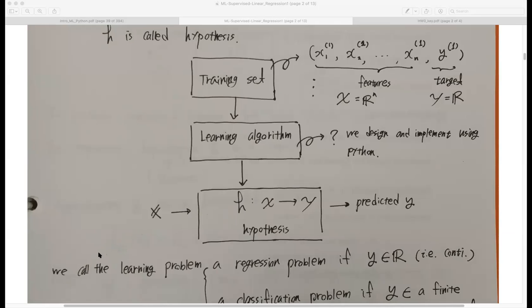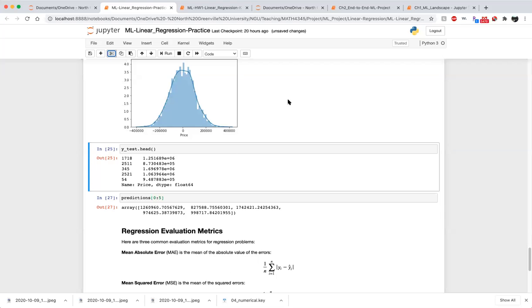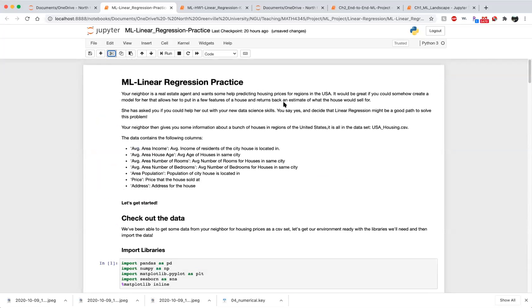Let's move to the Python linear regression practice. All right, so here, this is the machine learning linear regression practice Python code.